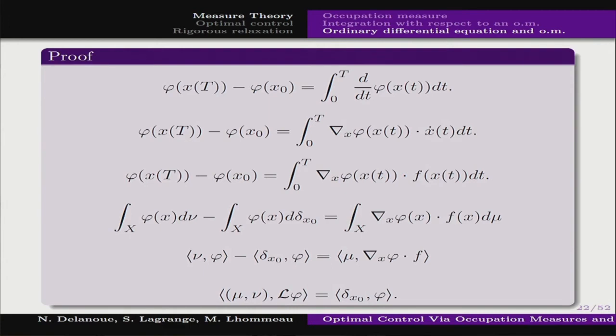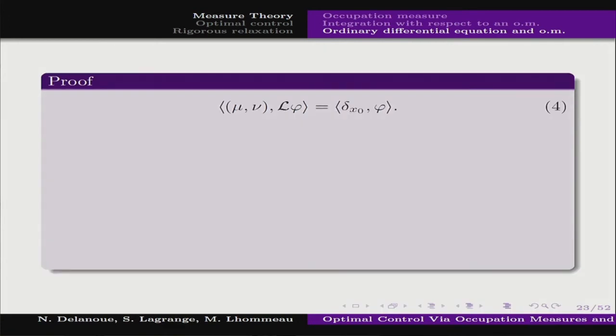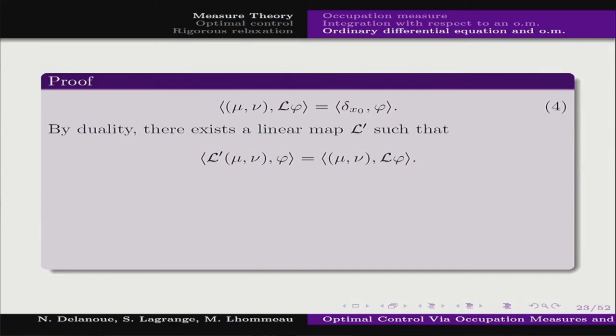And at the end, I have to use a duality. Let me explain what it is. This is not very difficult. It's the same thing as in the finite dimensional case. If you want to compute the dot product of y with Ax, you know that this is always the same as this one. So you can place the A here or A transpose here.